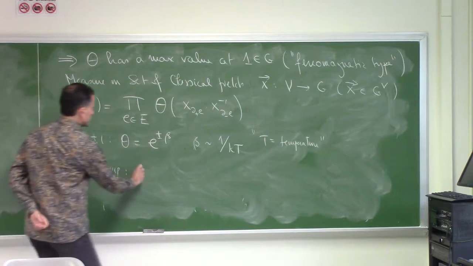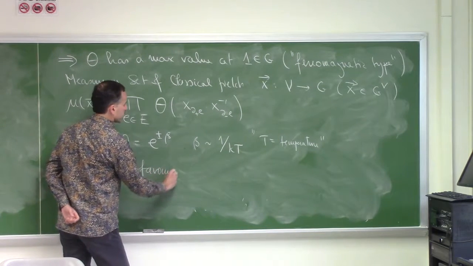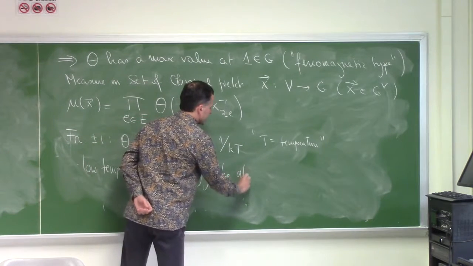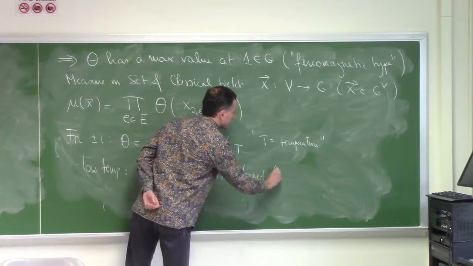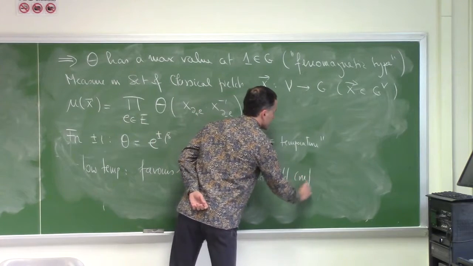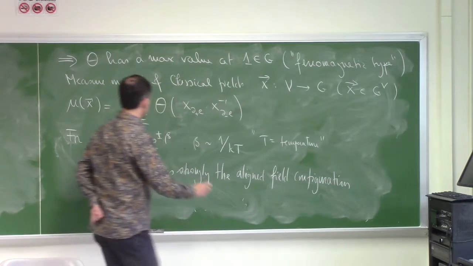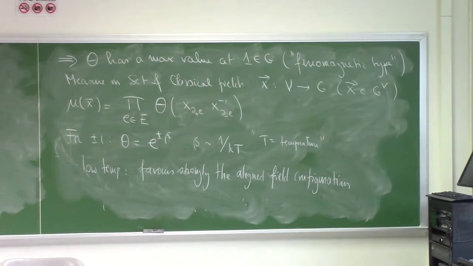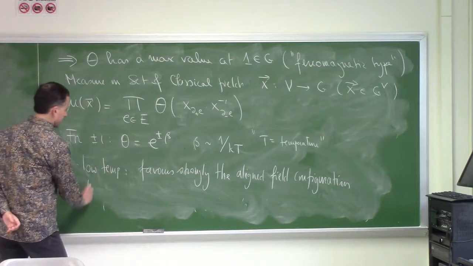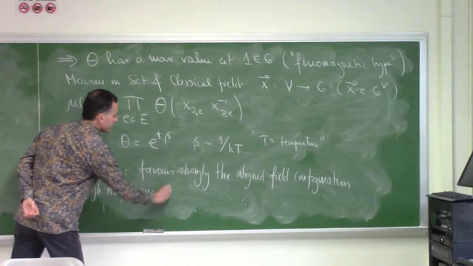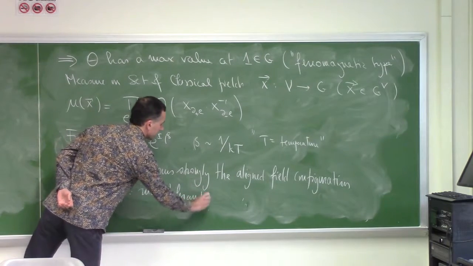Low temperature favors strongly the aligned field configurations, whereas high temperature is a bit more tolerant of mismatches. The high temperature is more tolerant.